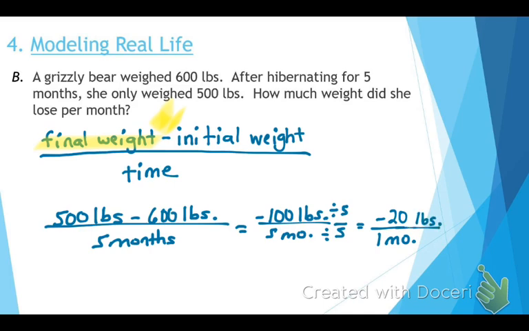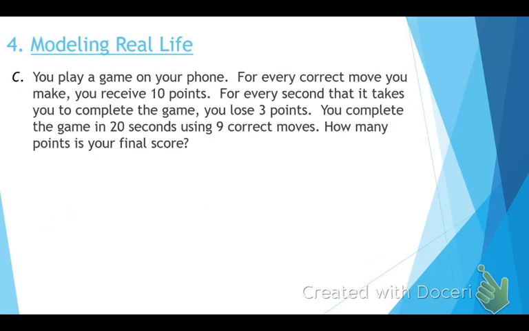So if I go back and look at my question, it says, how much weight did she lose per month? She lost negative 20 pounds per month. All right? Memorize this formula of how we do a problem like this. You take the thing that was final, subtract the thing at the beginning, and divide it by the amount of time that it took.